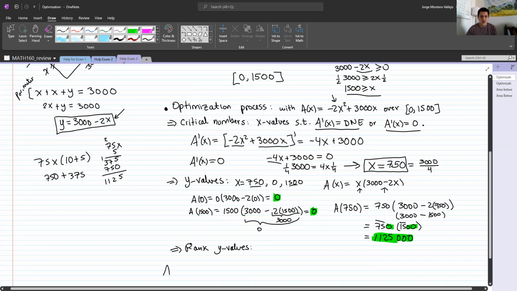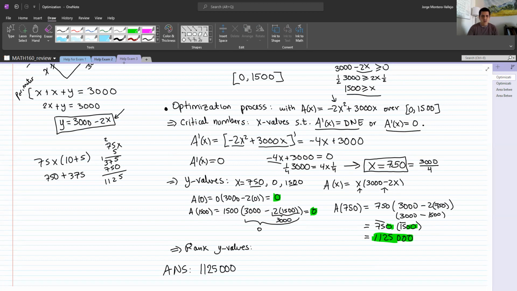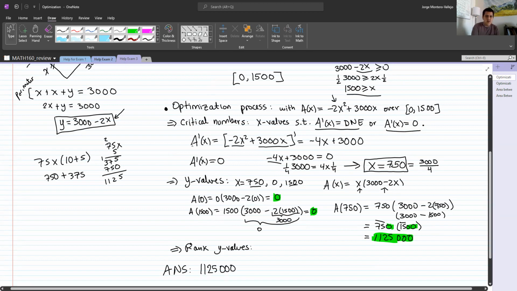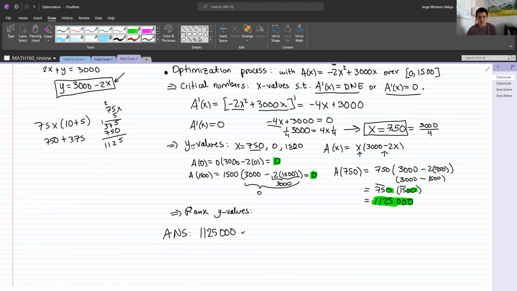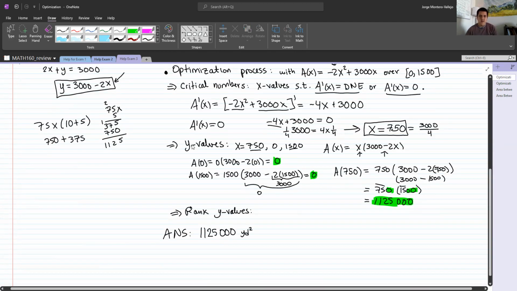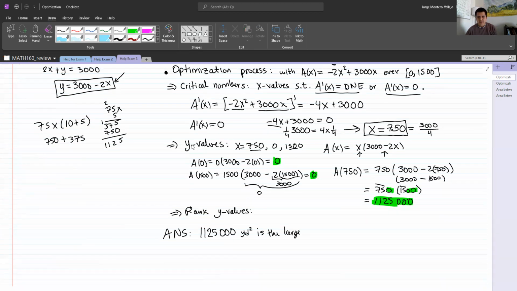So then our answer is going to be the largest area. The units were yards, right? But because this is an area, then this is going to be yards squared, right?